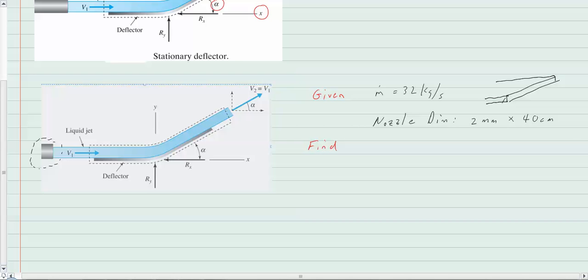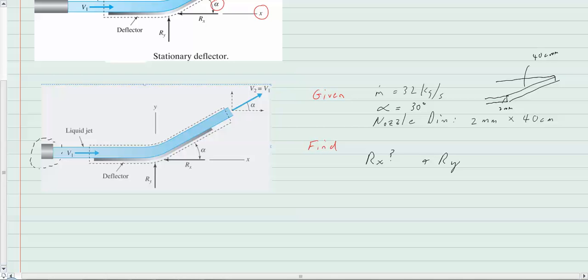So this dimension would be 2 millimeters, and this dimension would be 40 centimeters. What we're looking to find are the reaction forces, so we're looking for Rx and Ry. The alpha, I should have said as well, is defined as 30 degrees.